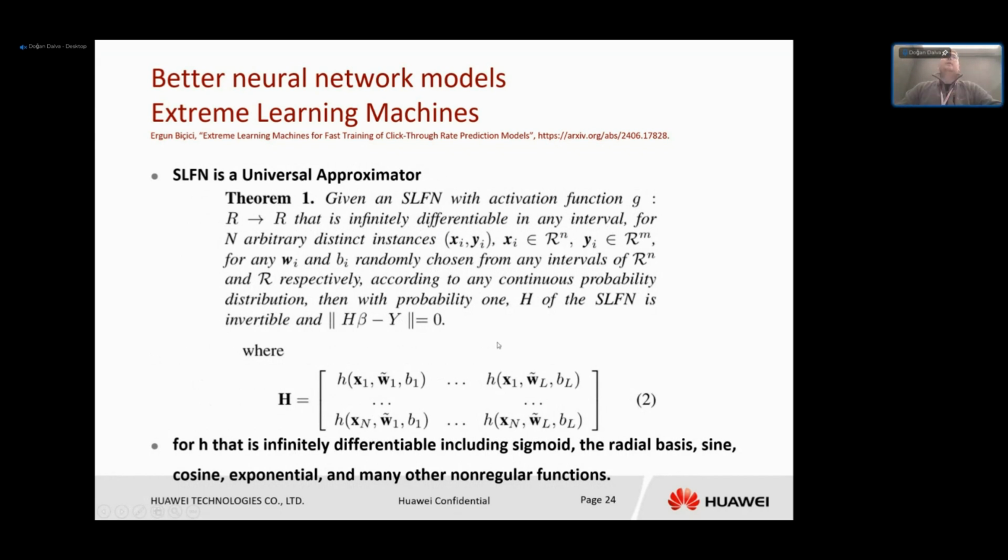But there is a benefit of using SLFN, because a theorem shows us that it's a universal approximator.